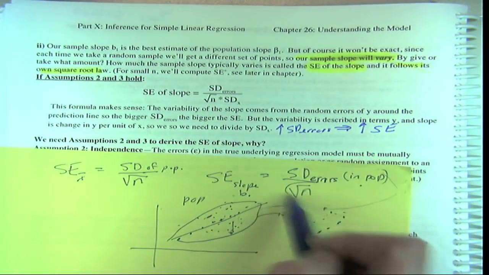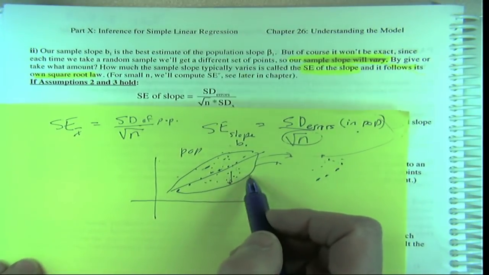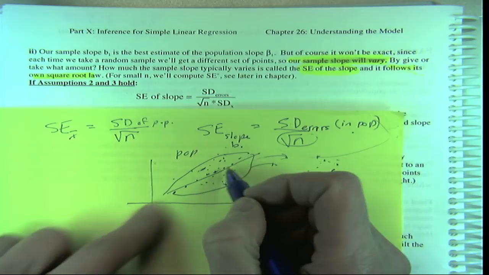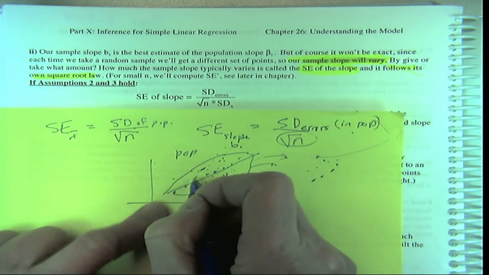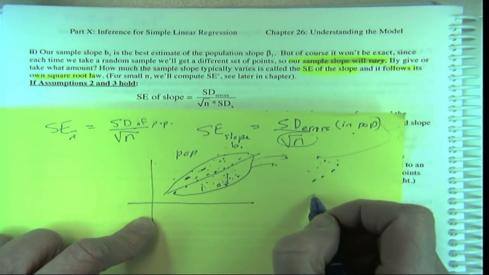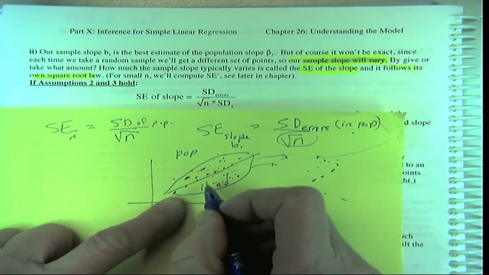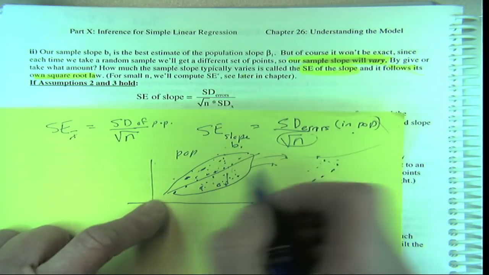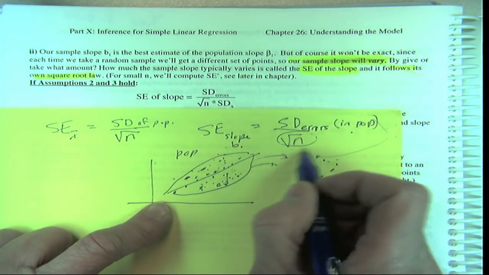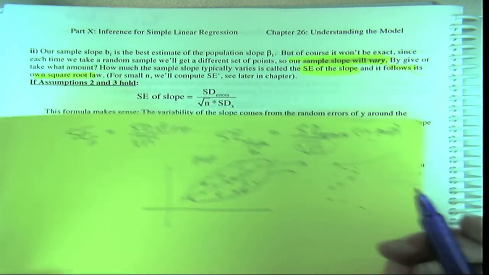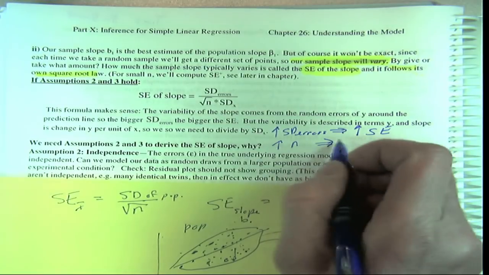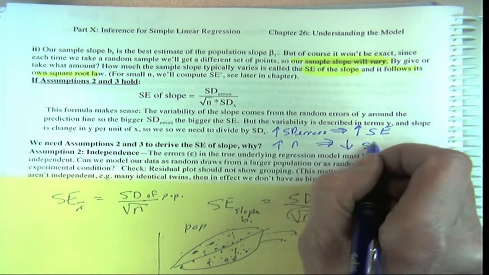And look at this part, the square root of n. If we only take 3 points out of here, we could vary a whole lot. If you randomly sample 3 points, we could get this point and this point, and get a negative correlation. Or we could get this point, and we could get anything. But the bigger n is, the smaller the error is going to be. So the bigger n is, the smaller our standard error is going to be.